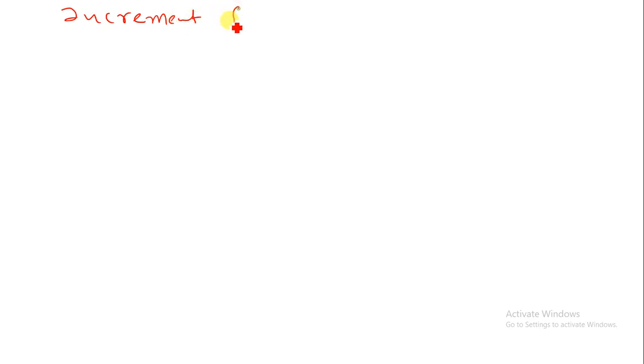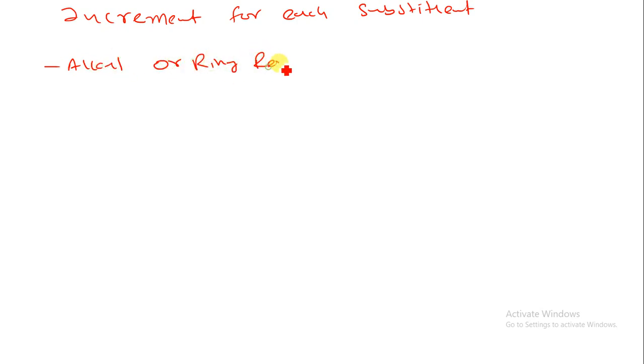So the increment for each substituent: suppose we have an alkyl group or ring residue, what do we have to add? Here I am writing ortho, meta and para. For ortho and meta, if an alkyl substituent is present, we add 3 nanometer for each. For the para substituent we add 10 nanometer.